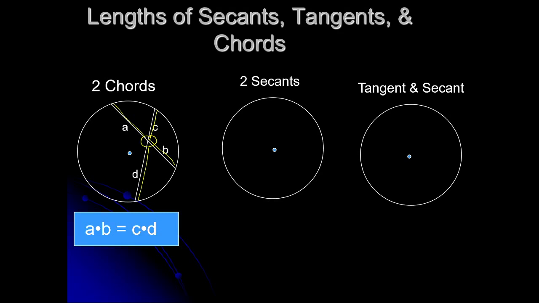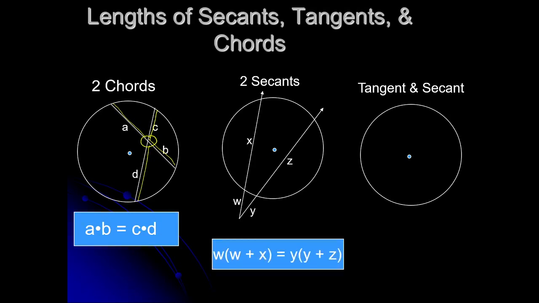Okay. What if there are 2 secants and take note the vertex is now outside? Look at the formula here. The vertex is outside. So focus on this line first.